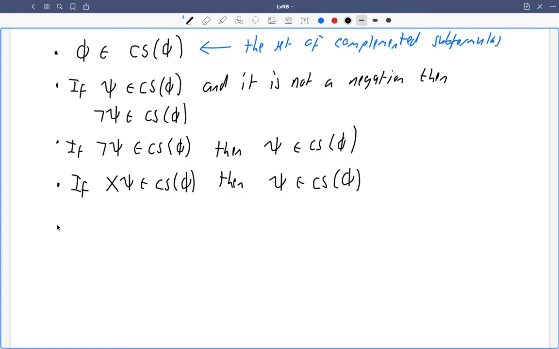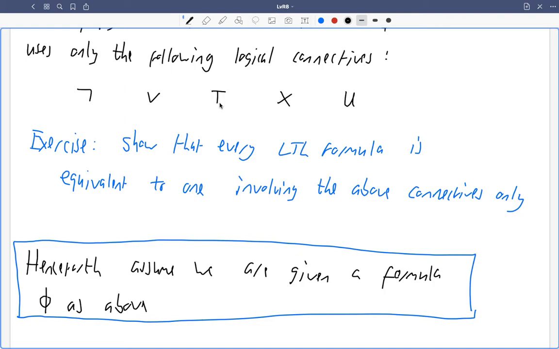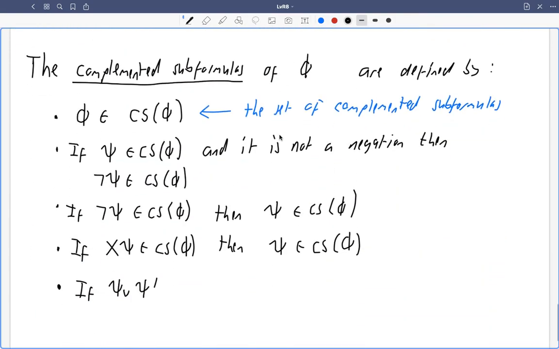And then if we have any binary connective, let's have a look at what connectives we're looking at. Well, true is just true. We've already dealt with not and next, so the two binary connectives are or and until, let's put them together.